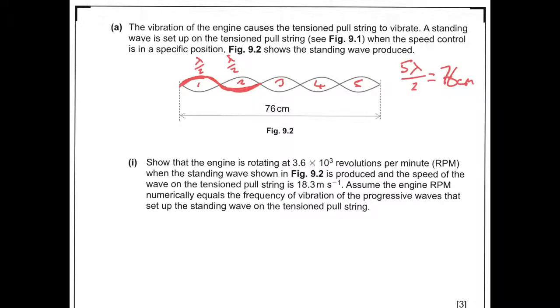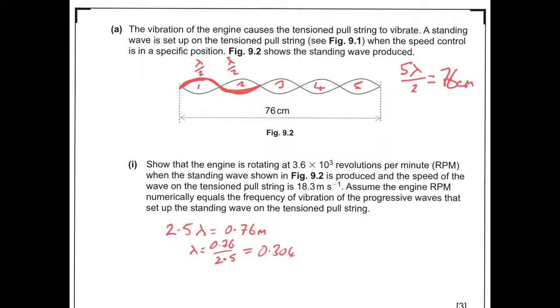That's really what we've got there. So 2.5 lambda equals 0.76 of a meter, which means that lambda will be that value over 2.5, which is 0.304 of a meter.